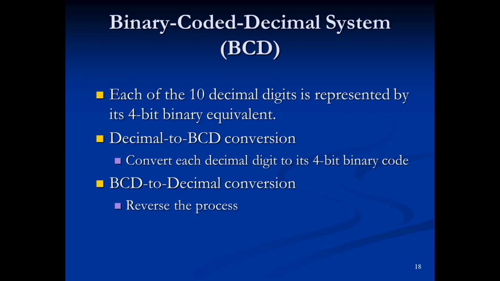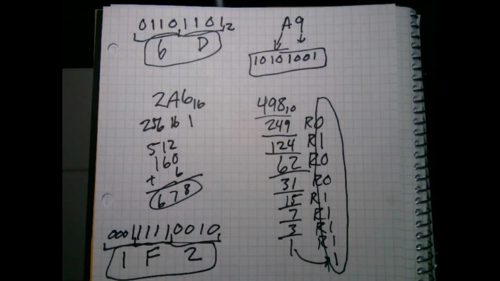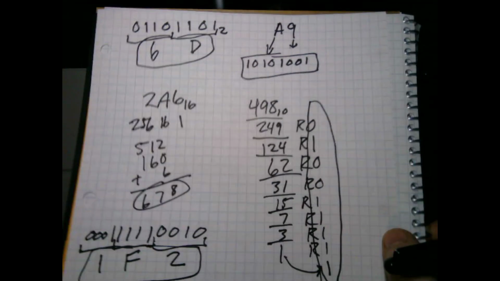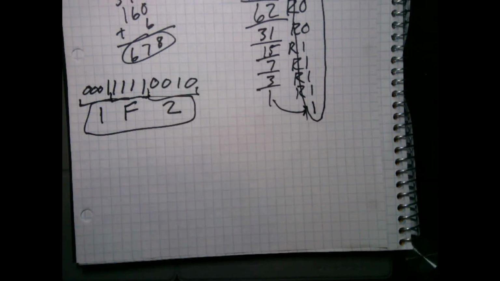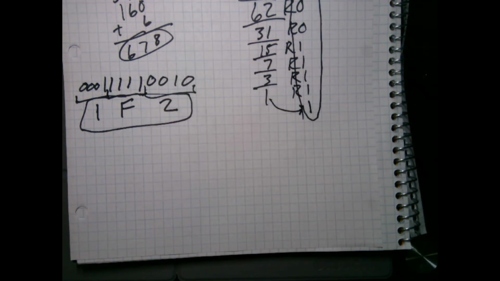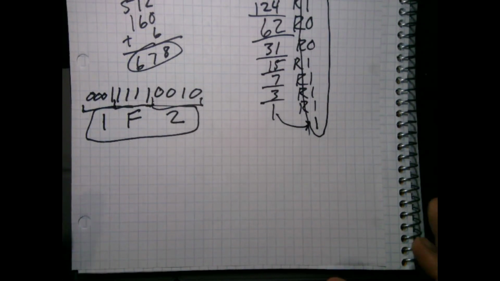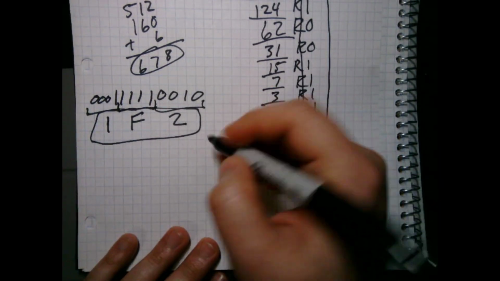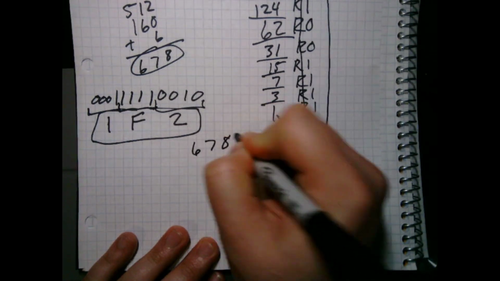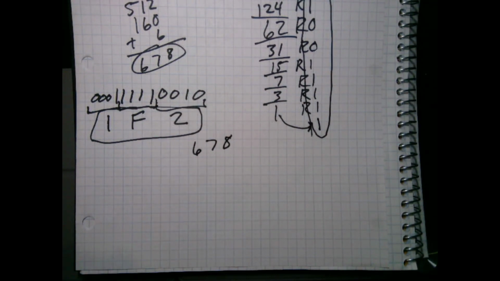Actually, I'll do an example first before we get to those problems. Let's take our previous example, this 678 up here. Let's take that decimal number, and we want to convert 678 to BCD, binary coded decimal.